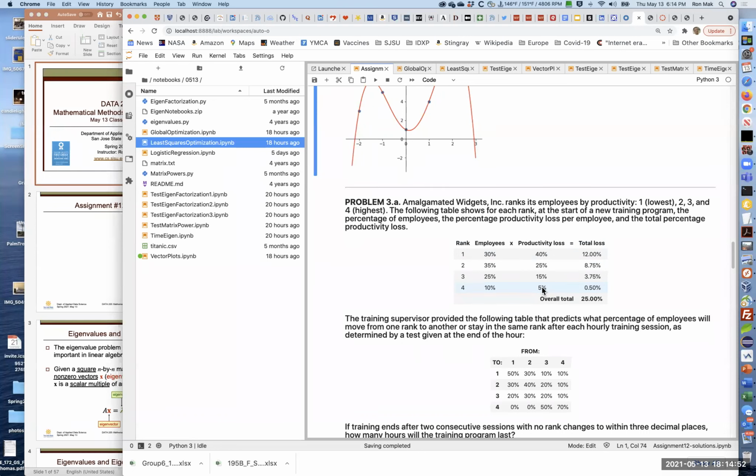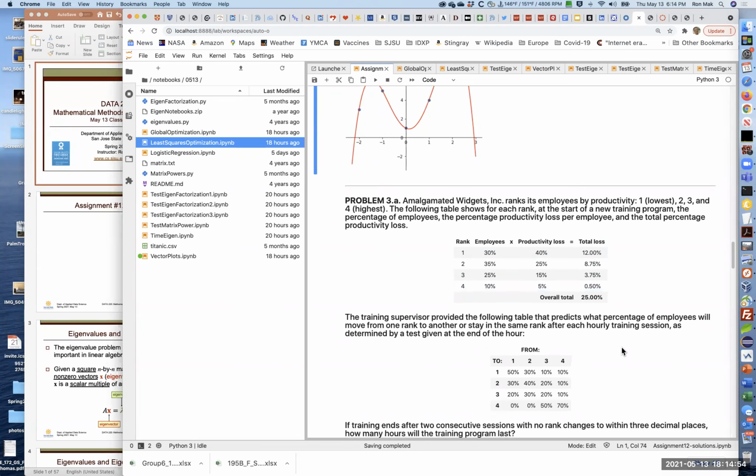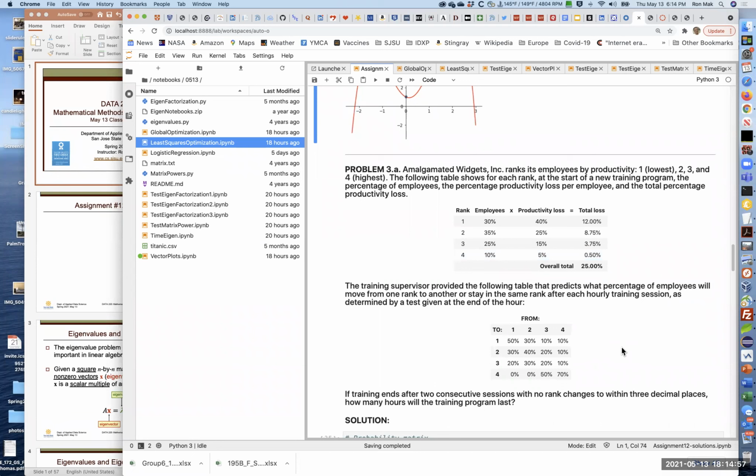Then we have a training course, which is supposed to move employees from one rank to another. Hopefully it moves them up and not down. Here is the prediction. It predicts what percentage of employees will move from one rank to another or stay in the same rank after each hourly training session.